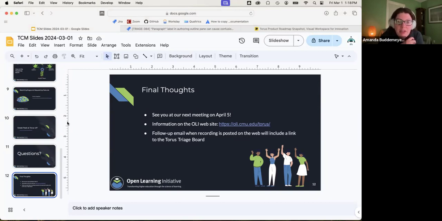I'll be updating information on the OLI website. I will be doing an update like this after every Torus community meeting, so that we get more in-depth roadmap documentation that gets updated as we go. When I send out that follow-up email, it will also include a link to the Torus triage board if you want to put any feature requests or bug reports there, or just see what else is on the board.